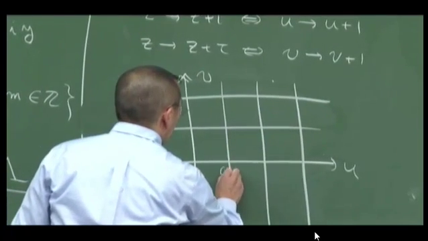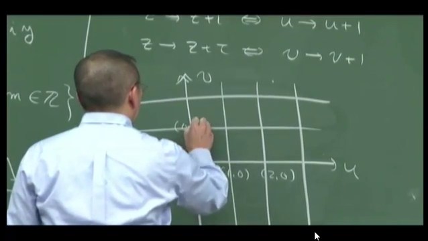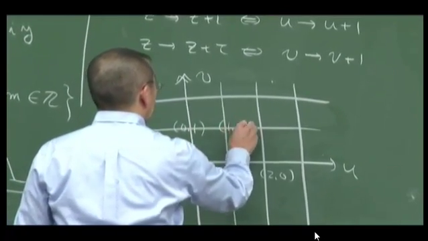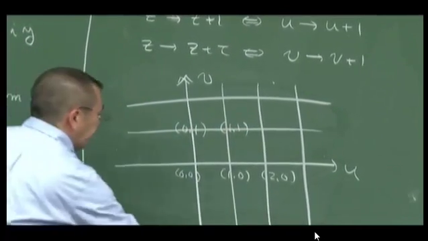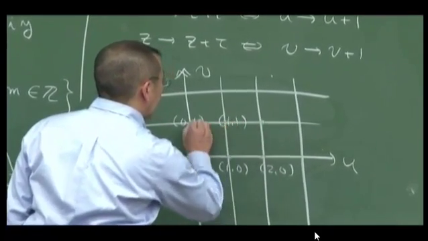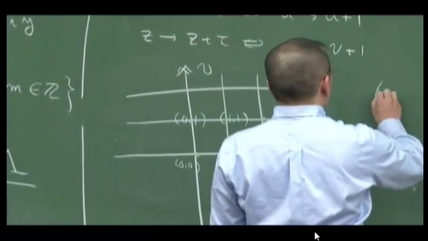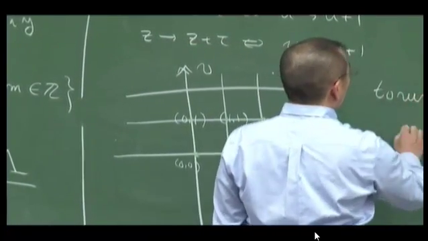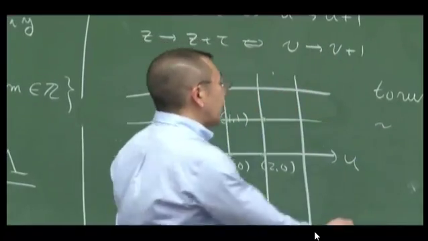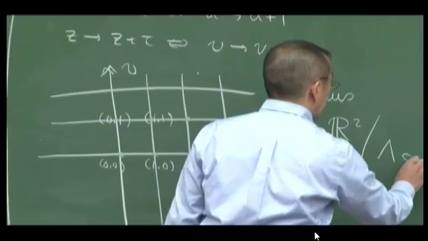This is 1, 0. This is 2, 0. This is 0, 1. This is 1, 1, etc. So the lattice we are considering now is this square lattice. And then the torus viewed with this lattice just corresponds to R2 divided by this square lattice.